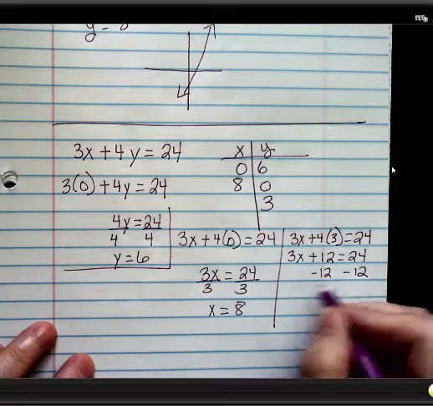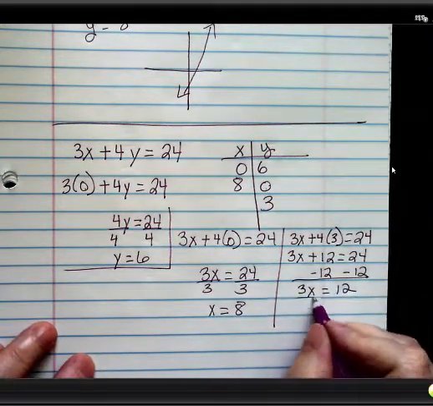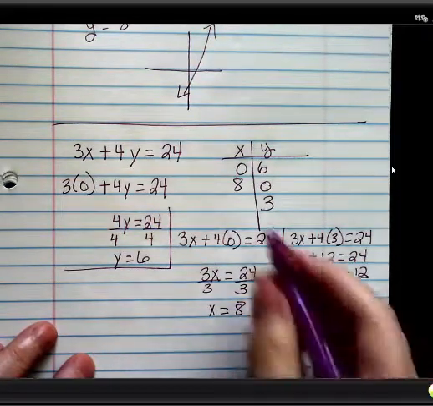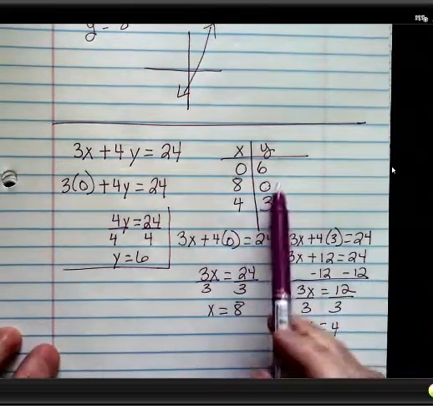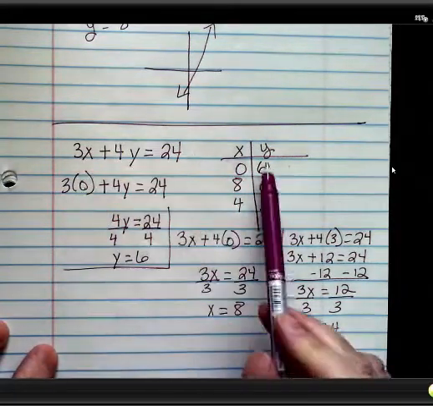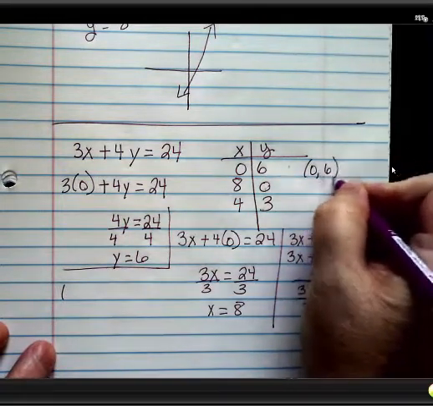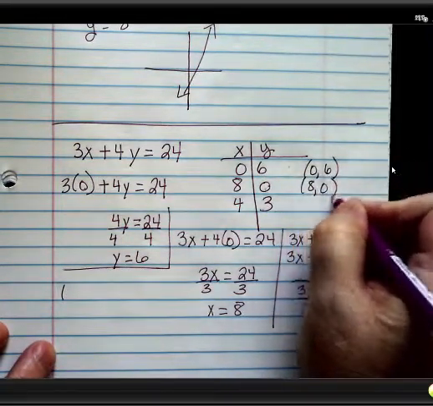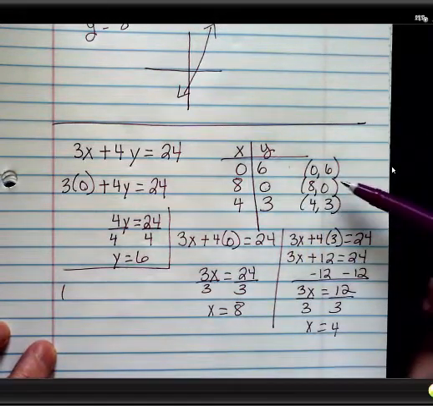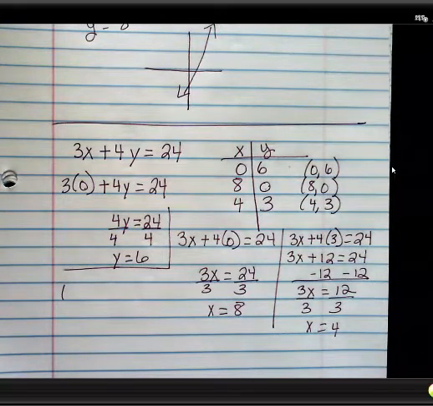Subtract 12. 3x equals 12 and x equals 4. Now, what does this mean? This means that this line will go through the points 0, 6, 8, 0, and 4, 3. And using those 3 points, you can actually graph your line.